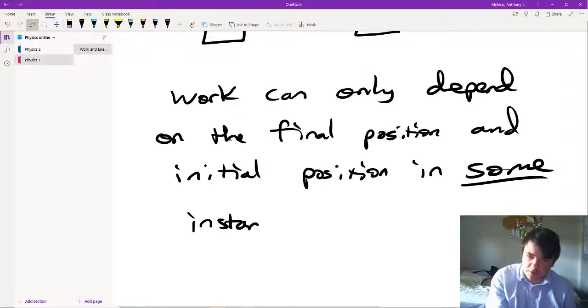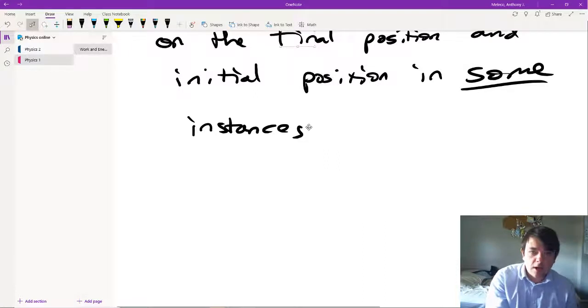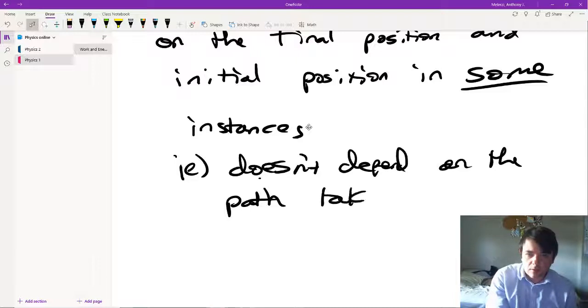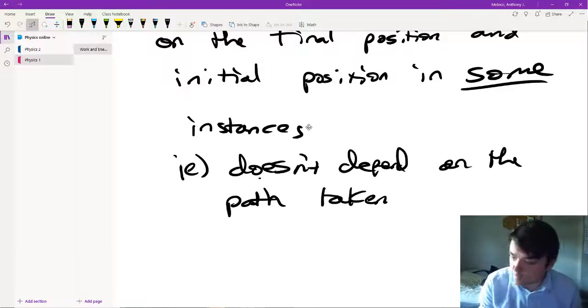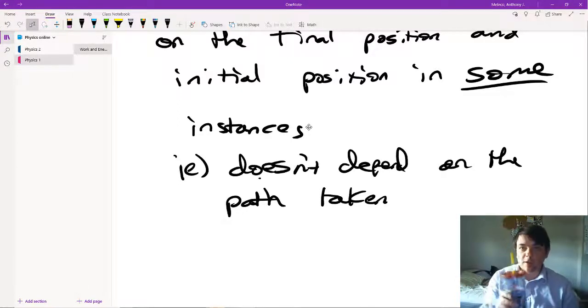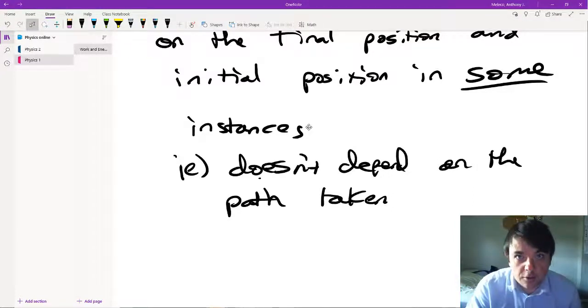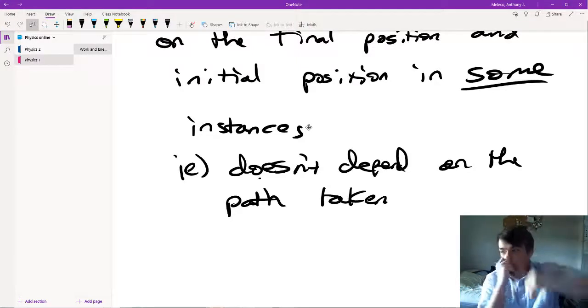This doesn't work like this in all of them, but it will work like this in this one. Mathematically, what that means is I can lift my cup straight up, or I can take a crazy path, and I will have done the same amount of work on that cup to move it from here to here.